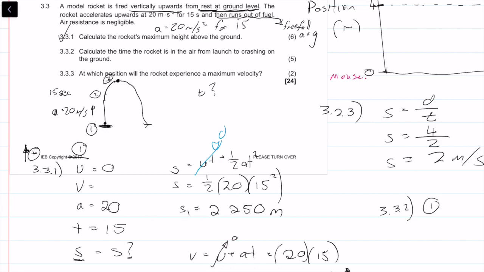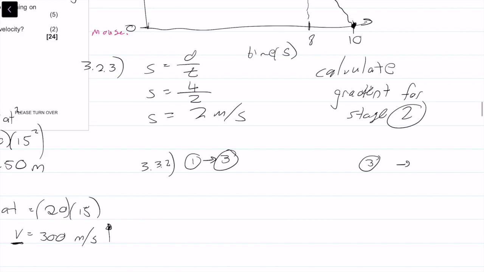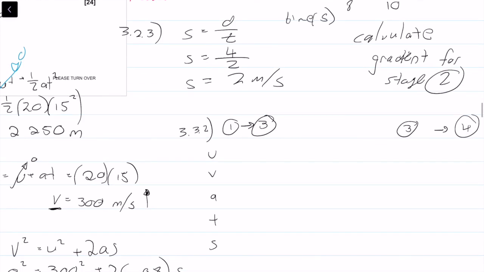So I'm going to go from 1 to 3, because that is the point from the ground where the initial velocity is equal to 0 to the final velocity equal to 0 as well, and it's at S max, and then from 3 to the ground again, which is at 4. Hopefully that will work for us. Let's get our UVATS.